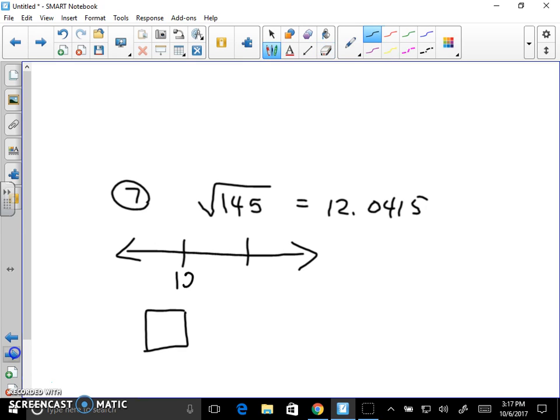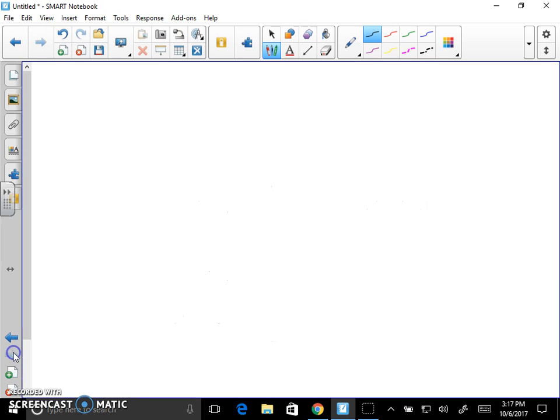Made a mistake. Okay, so it's 12 points. So there's 12 and 13. All right, so it goes in here somewhere, right? And when you put these in the boxes, you read from left to right, 12 comes first, and then 13. You don't want to get those backwards.